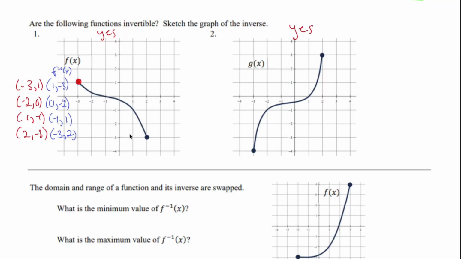All right, so 1, -3, 0, -2, -1, 1, and -3, 2. And I'm going to try to draw that to the best of my ability.